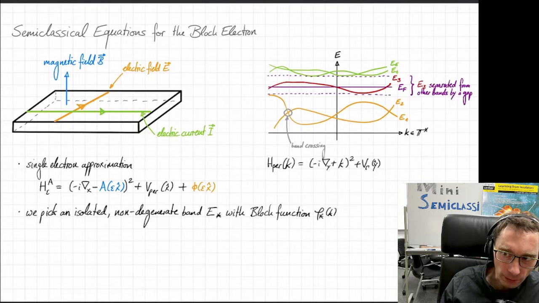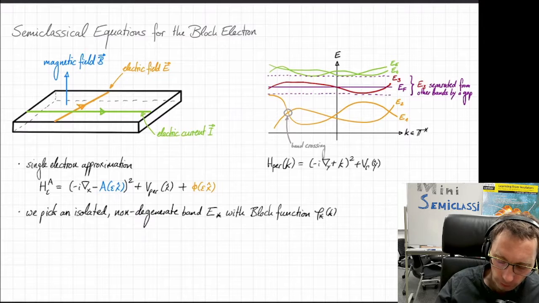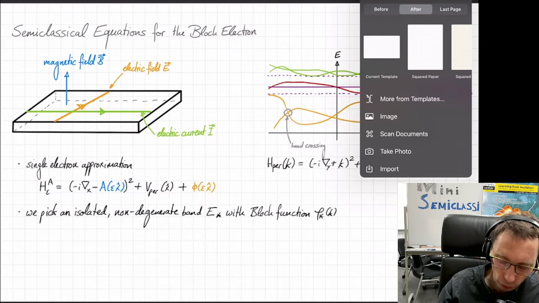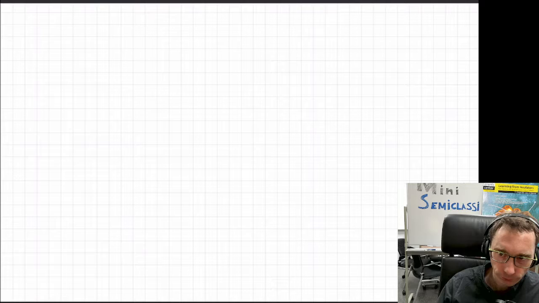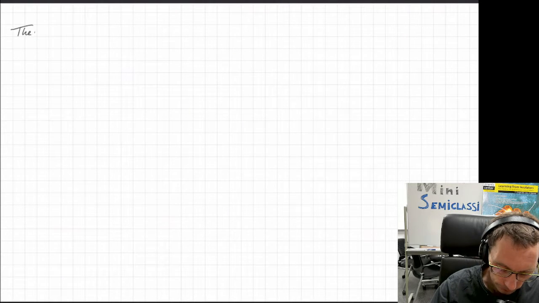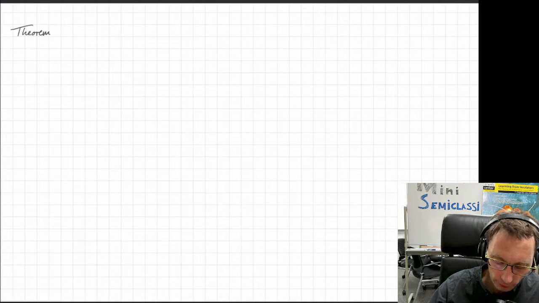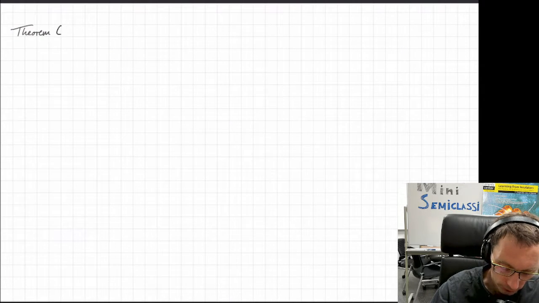So now let me give a vague version of the semi-classical limit and then make everything precise and include a sketch explaining to you how to prove it. So this here is the semi-classical limit.